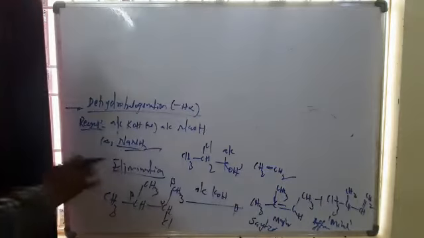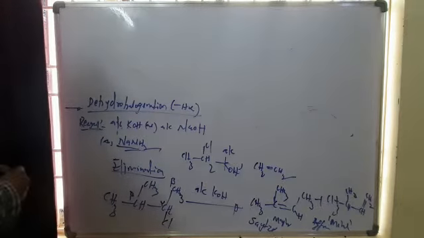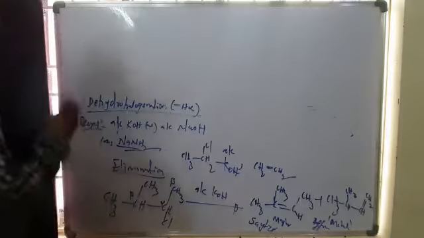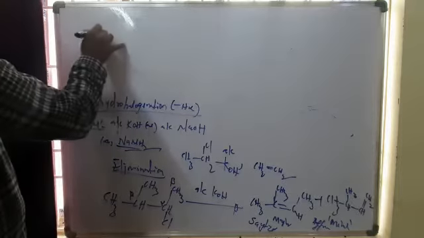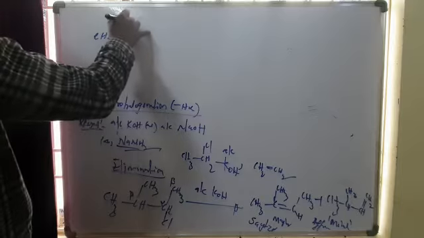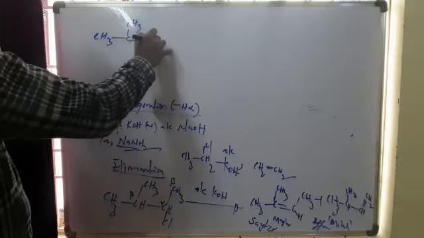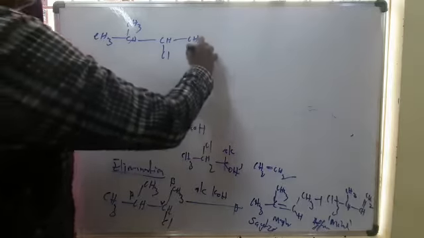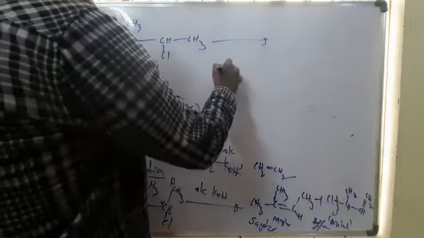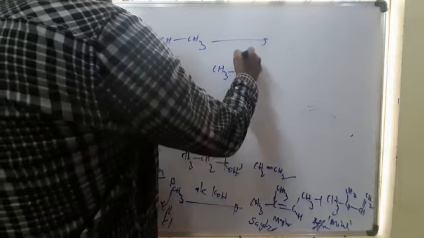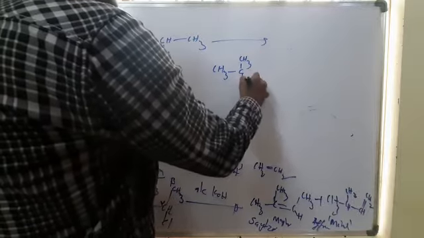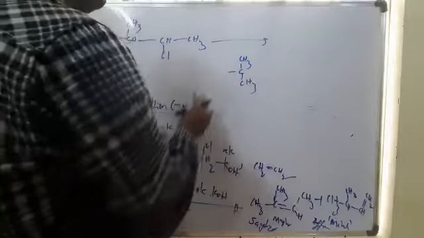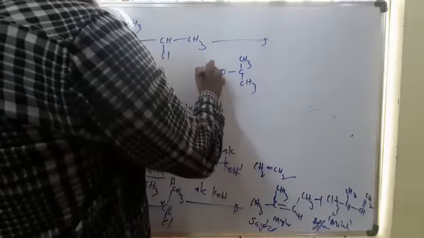But for the same reactant, if you use a bulky base, you can take potassium tertiary butoxide, or potassium or sodium.